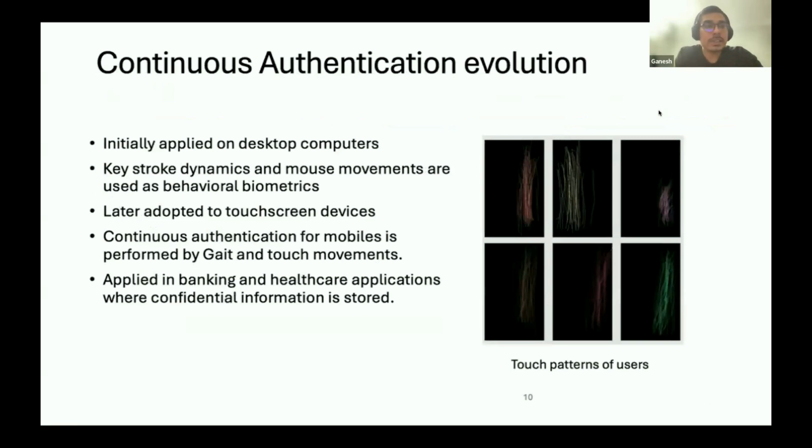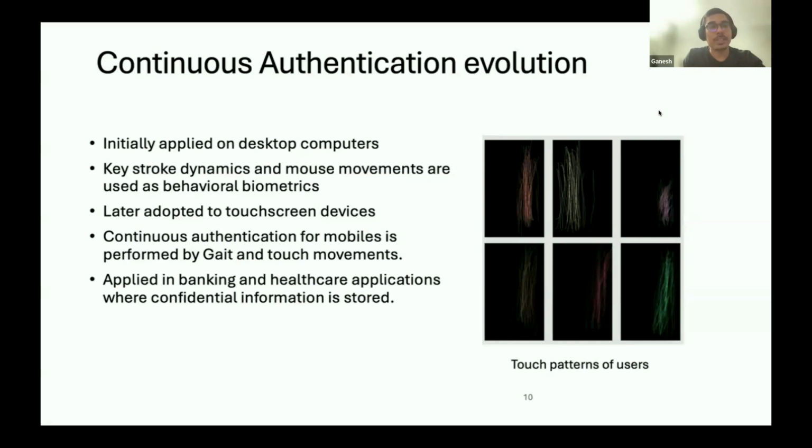Continuous authentication has evolved from desktops and mobiles to VR headsets now. The problem with desktops and mobile phones is that you cannot take a lot of behavioral biometrics from them. For example, when you are collecting gait information, you can only collect when the user is in movement.